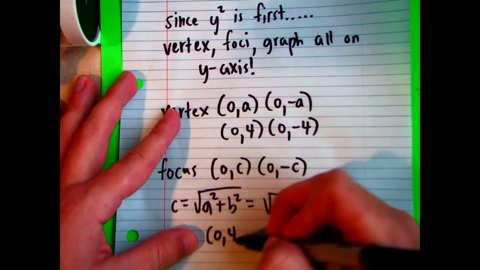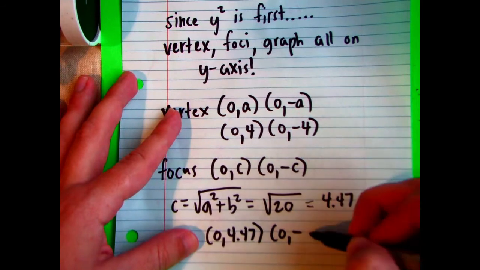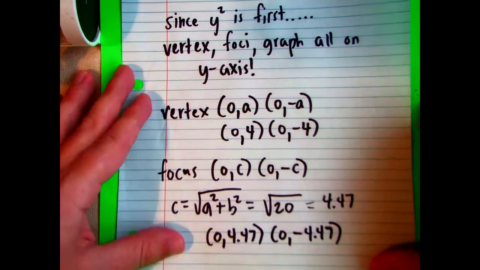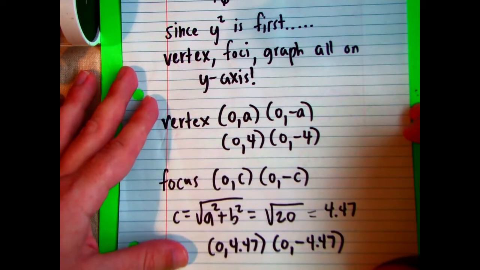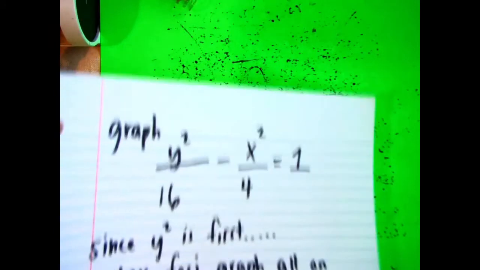So the location of my foci are (0, 4.47) and (0, negative 4.47). Alright, so similar process as before, it's just everything is now dealing with the y-axis.